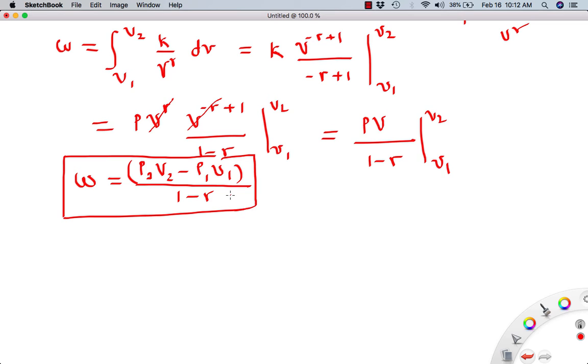And we see that in this expression, when V2 is greater than V1, because V is dominating in this case because of this gamma, so when V2 is greater than V1, this is the case when the gas is expanding.